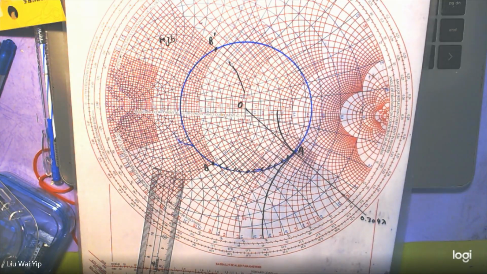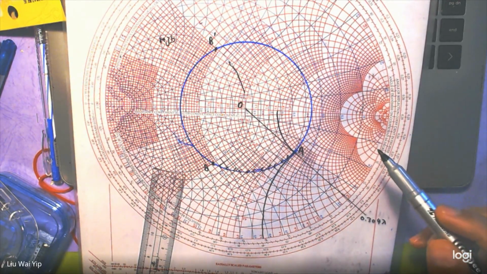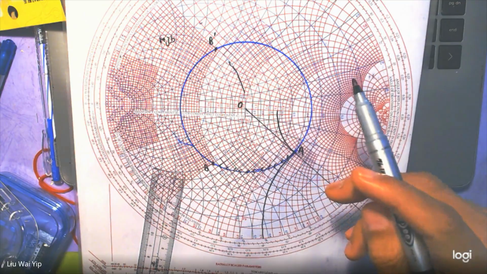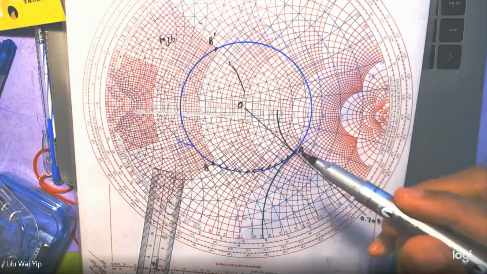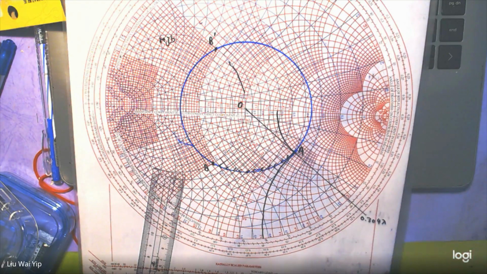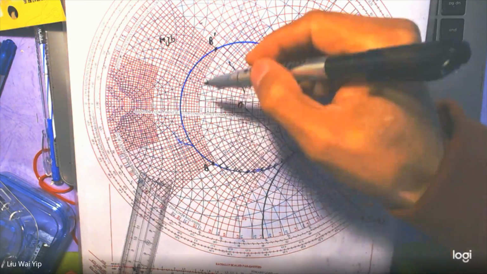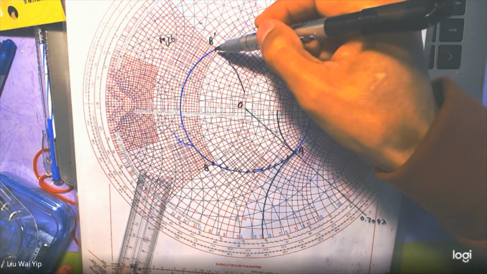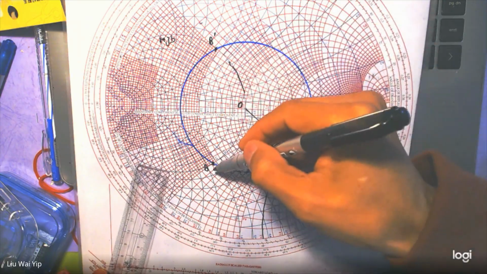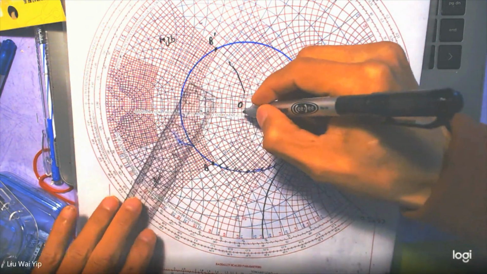Your first task is to determine the location where the open circuit stub is to be mounted. You have the two locations, one is B, the other is B prime. So let's try B first.